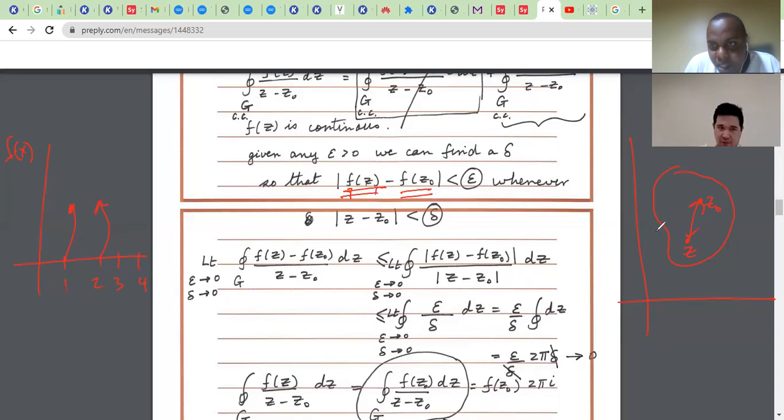So this function pulls z outside the plane. If this is my plane, f of z is somewhere in the air, between me and this laptop. So the distance between f of z and f of z naught is what we call epsilon, and the distance between z and z naught is what we call delta.